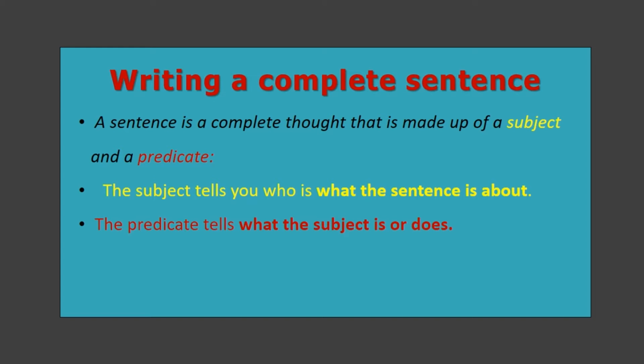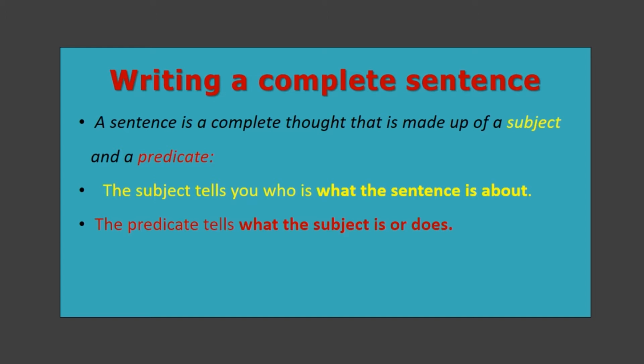Now remember, even if we write a complete thought that has perfect spelling, no grammar errors, and there's a subject and a predicate in the sentence, there are two very essential things that we must not overlook when we write every sentence. Can you guess what that is? I think some of you already know.